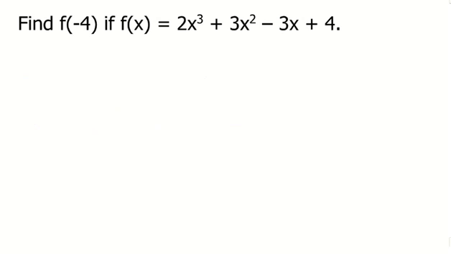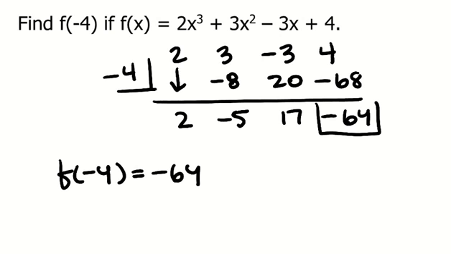And before we jump into that CLEP test question, let's just make sure that you know how to do synthetic substitution right. So I'm going to freeze the screen for you all, and if you're watching at home, you should pause the video because the answer is going to come up in a few seconds. Okay, here you go. So you run it through synthetic and you get negative 64, right?